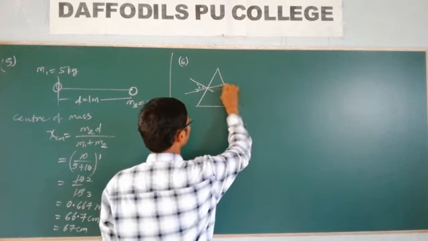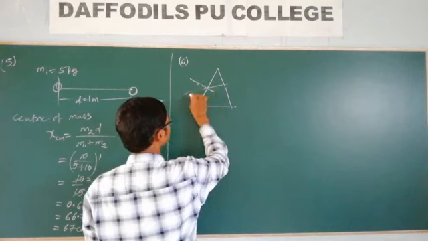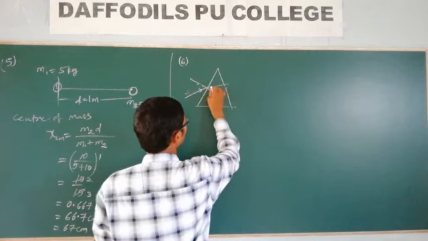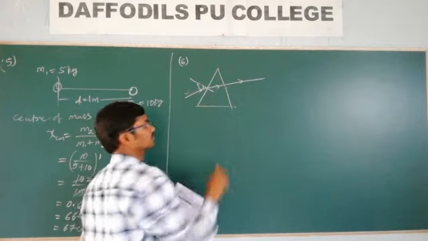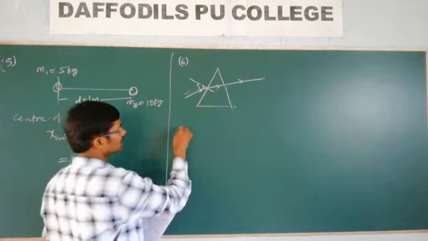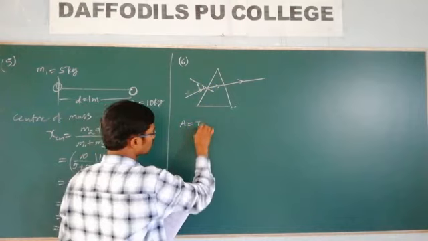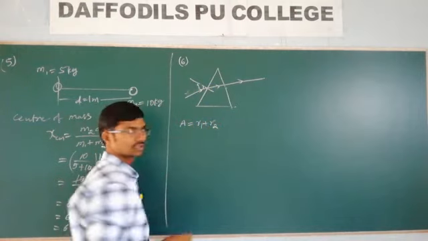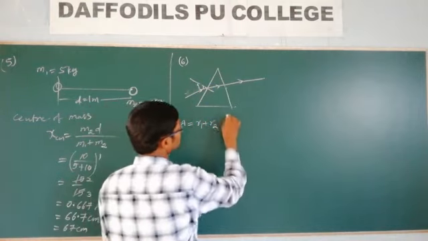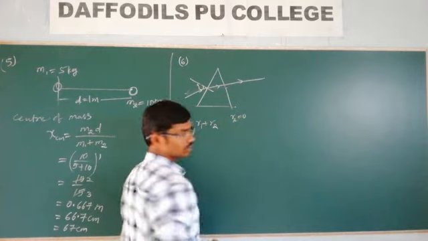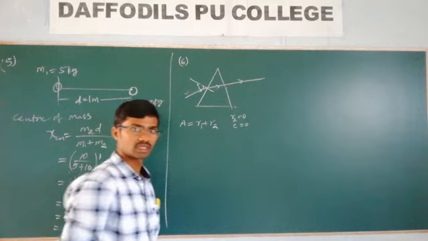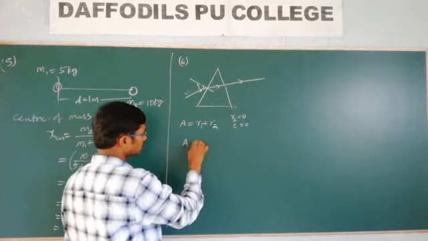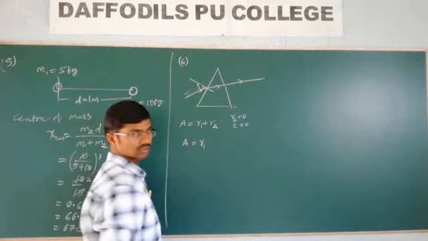Normal means there is no deviation. Remember the relation: angle of prism is equal to R1 plus R2. But we observe here R2 is equal to 0, since the angle of emergence is also 0. Then we have A is equal to R1, R2 is equal to 0.